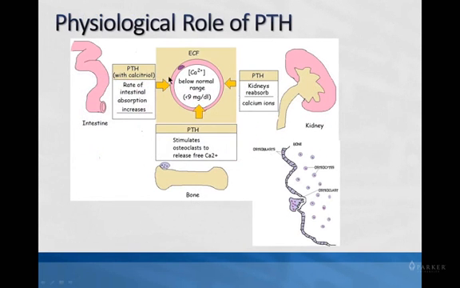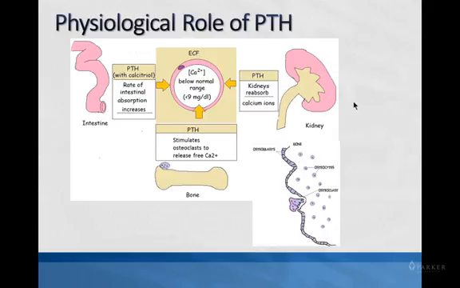So this is its effects on calcium, but I do want to mention parathyroid hormone's effects on phosphate in the kidney. In the kidney, parathyroid hormone increases the excretion of phosphate. Any phosphate that you're reabsorbing, you don't want to reabsorb a lot of it when parathyroid hormone is around.